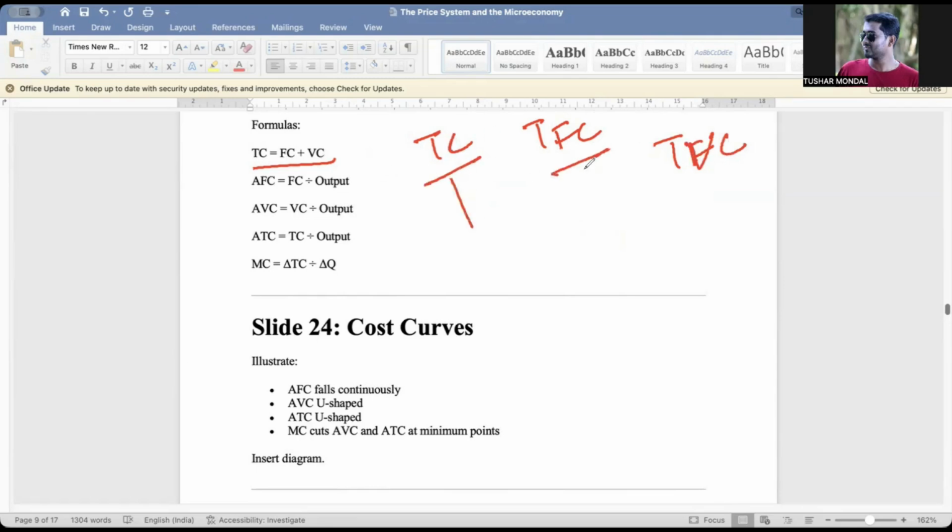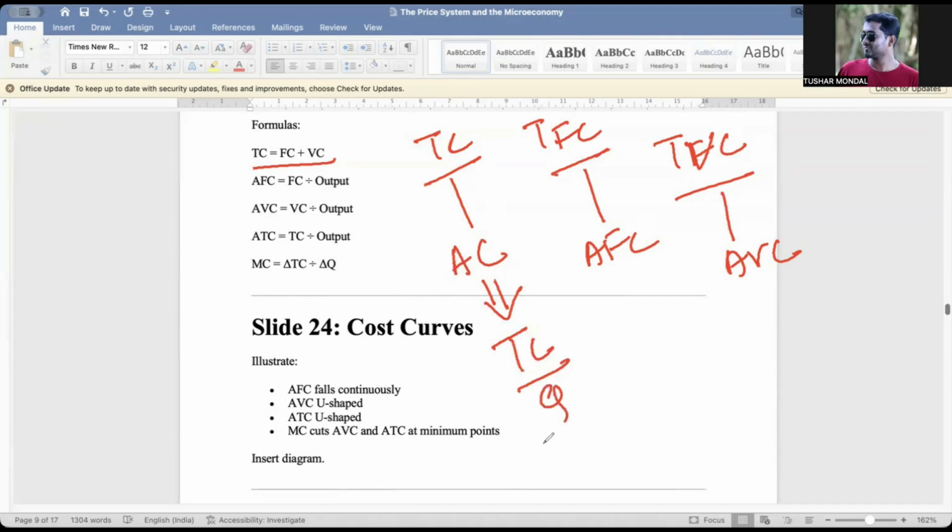Now, when I convert into average, it is simple, it is a division. I can convert total cost into average cost, total fixed cost into average fixed cost, and total variable cost into average variable cost. The formula: average is always divided by quantity, output. Average cost equals total cost divided by quantity.